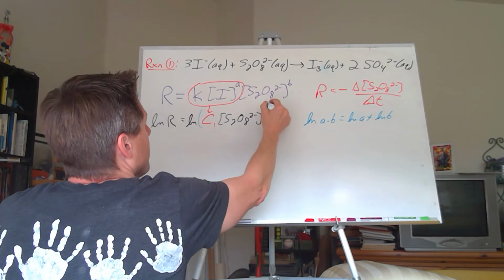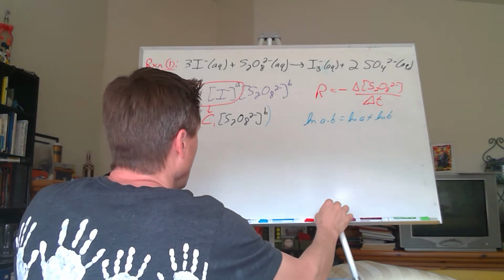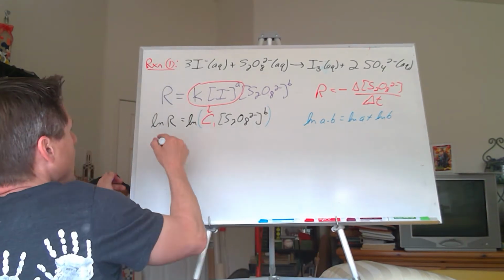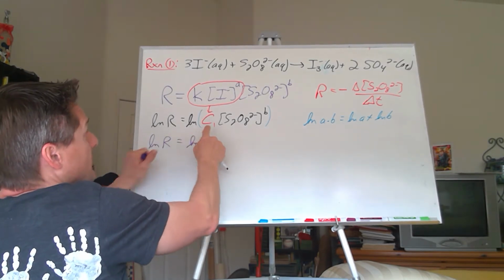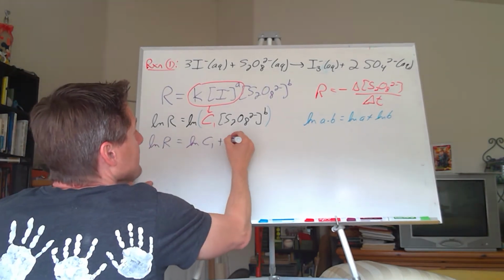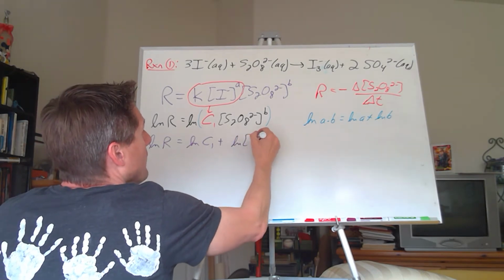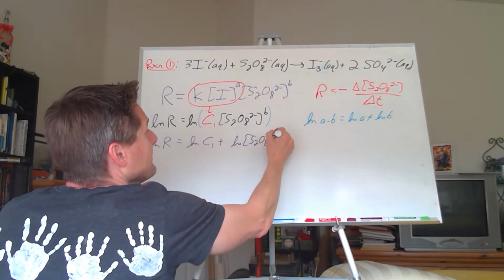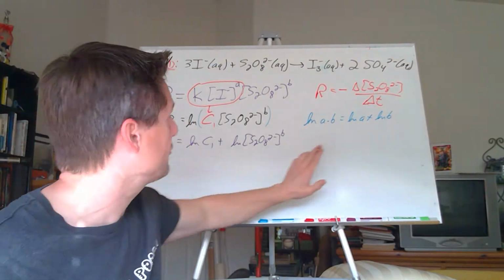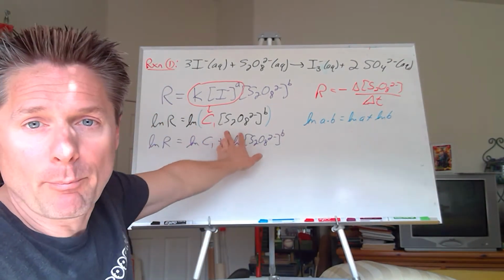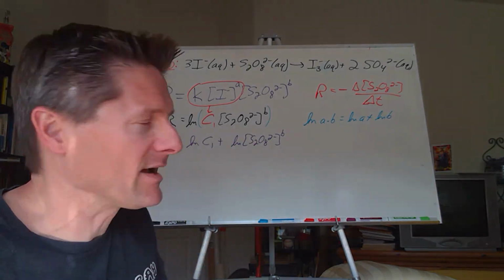So I'm taking the log of this whole thing here. So I'm going to split it and say the log of the rate will be the natural log of C1 plus the natural log of the peroxide disulfate concentration raised to the power of B. So I'm using this log trick to separate those two. Boop! Gotta love logarithms. They rock.